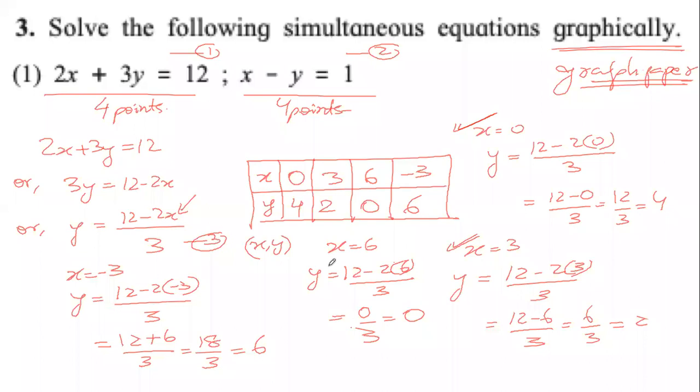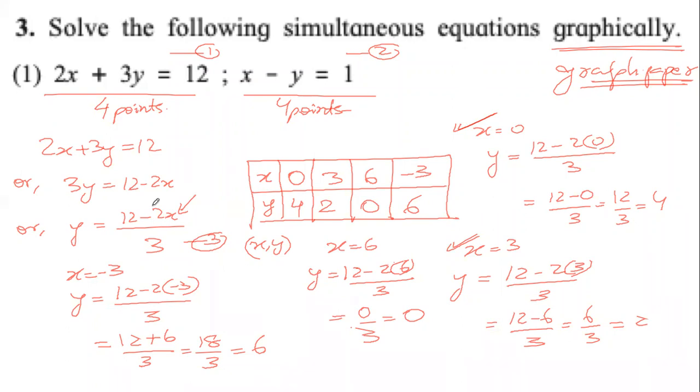Now we can plot these 4 points on graph paper. And when we join these 4 points, we will find the line that this equation represents. Chanda, yes, your answer is also correct. If you are saying 12, I think yes, 12 also works, but 12 is too big.